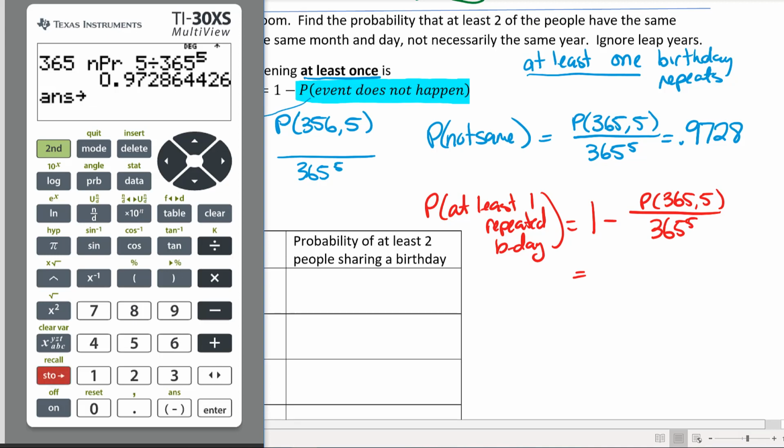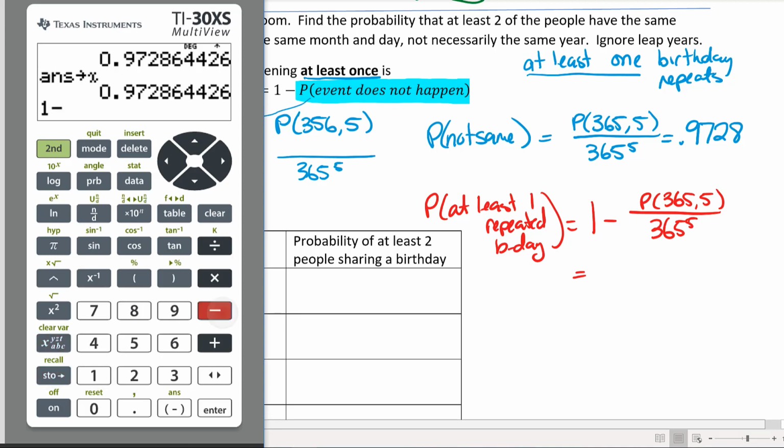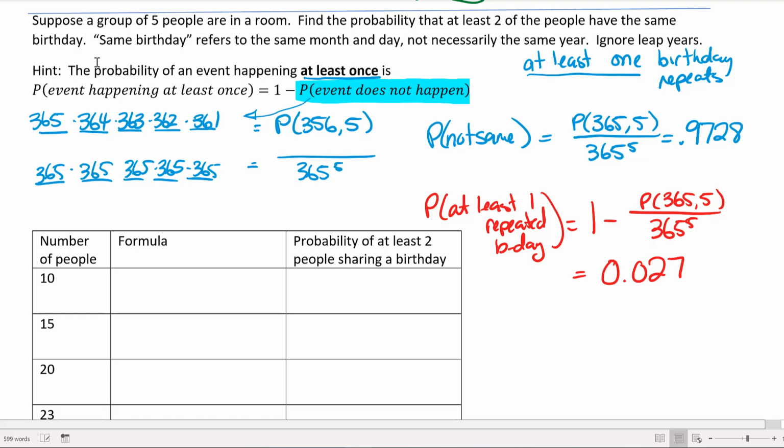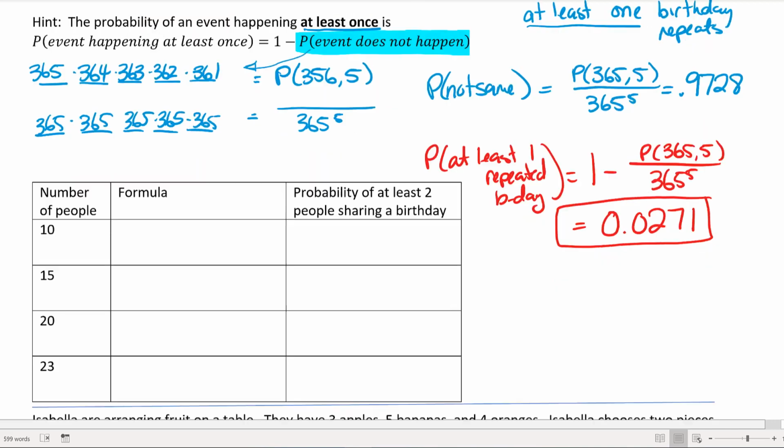I'm going to store that value in for x and then 1 minus x. That's going to get me 0.0271. So for the 5 people, the probability that at least 1 birthday is repeated is 0.0271.